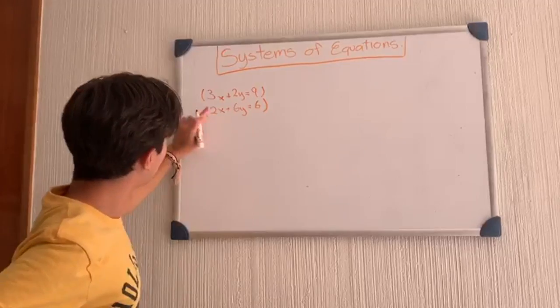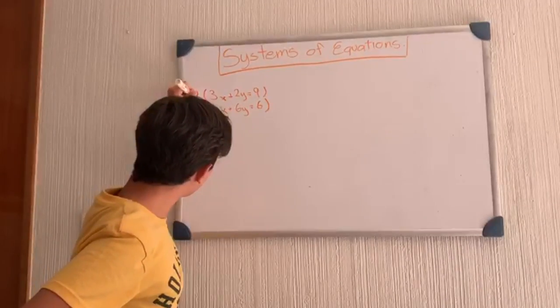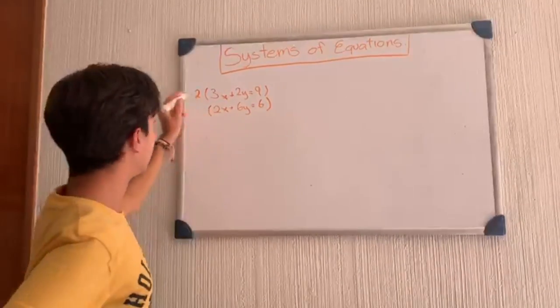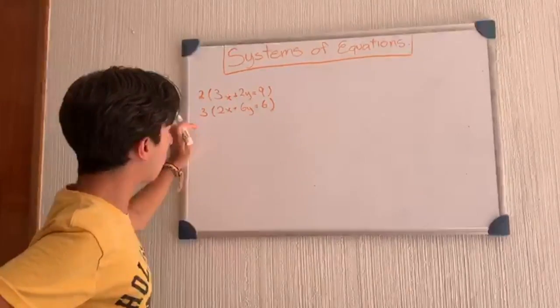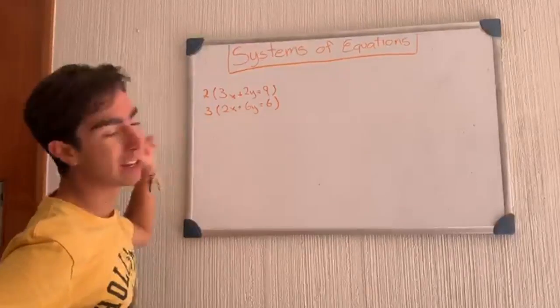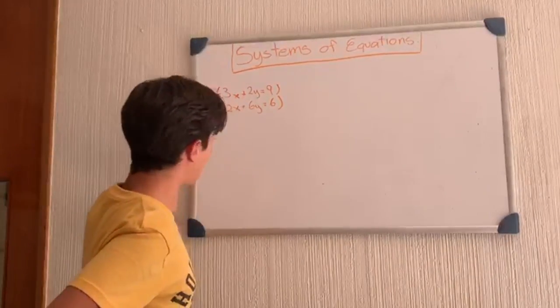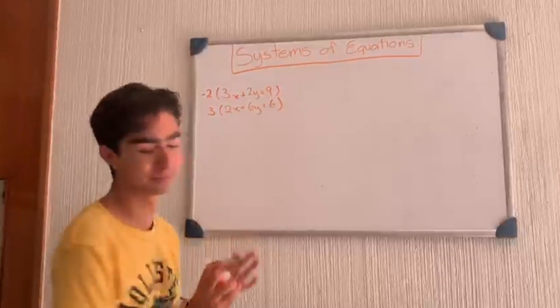We multiply this by 2, and this one by 3, and then you have to choose one of these numbers to be negative.